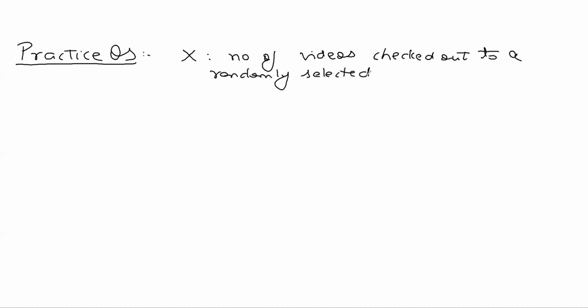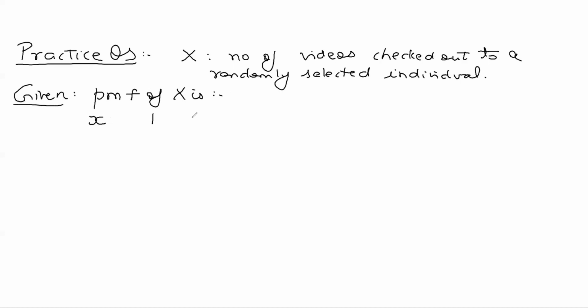And we are given the probability mass function of X. The values taken by X are 1, 2, 3, 4, 5, and 6, and P of X is given to us.